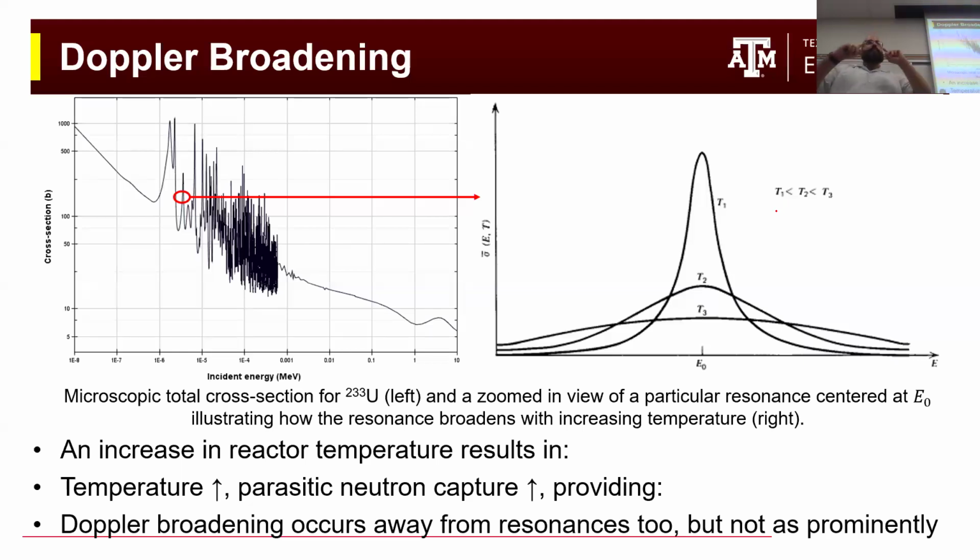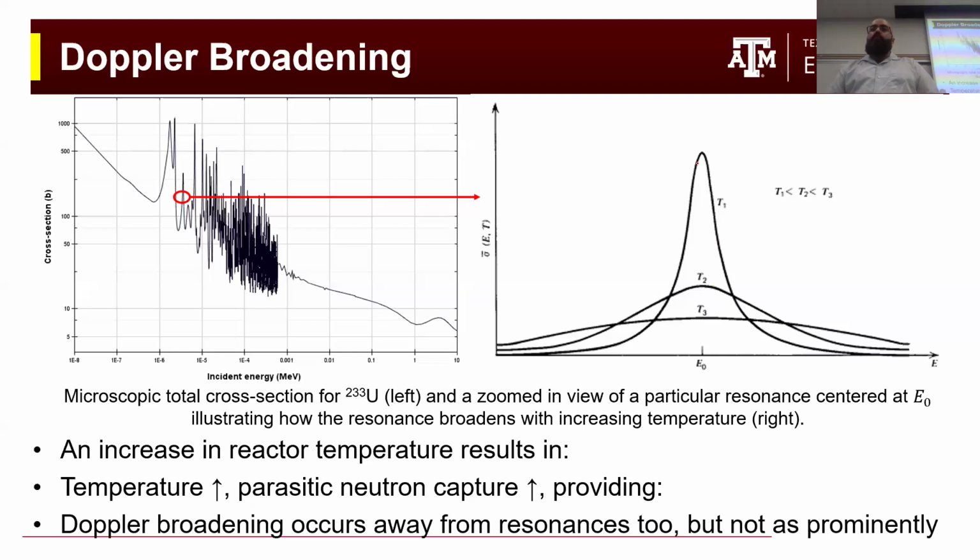T1 is some initial temperature, and we want to imagine that we're measuring cross sections, and then we're heating that material up. And then we're measuring how that cross section changes as we heat it up from T1 to T2 and then to T3. And so what we can see is that for these cross-section resonances, the magnitude decreases and the resonance itself broadens.